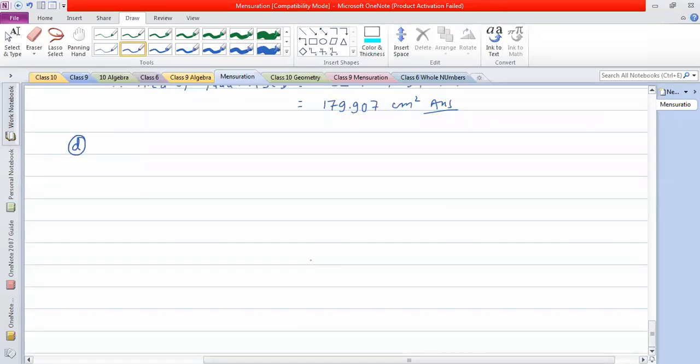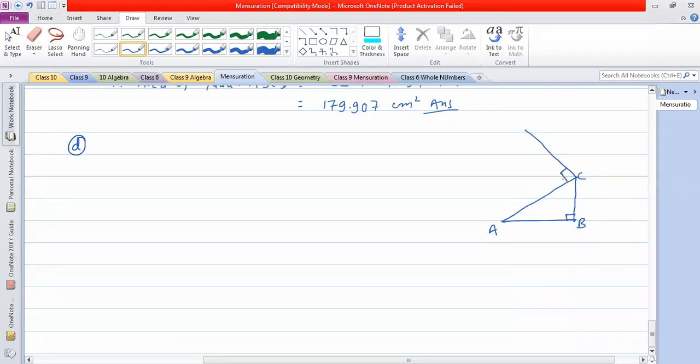Let me construct the figure again. There is a right angle triangle in the base like this. It is a right angle triangle ABC, and here is another right angle triangle starting with C, like this.